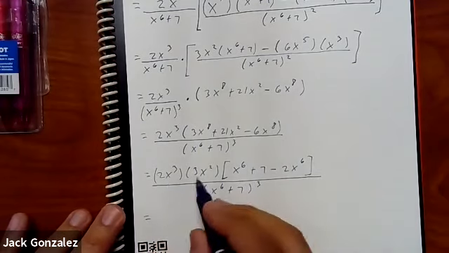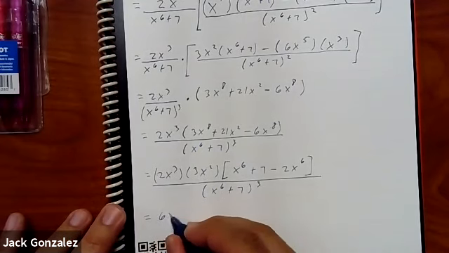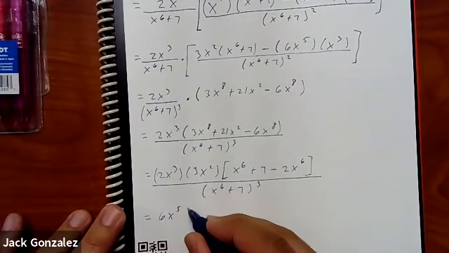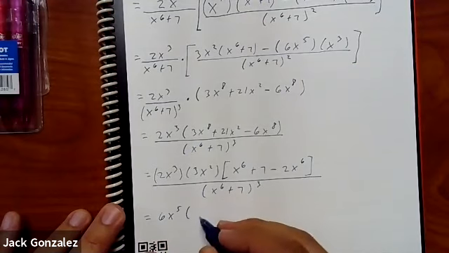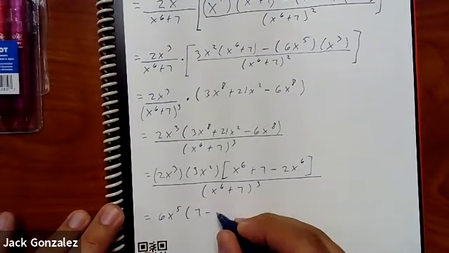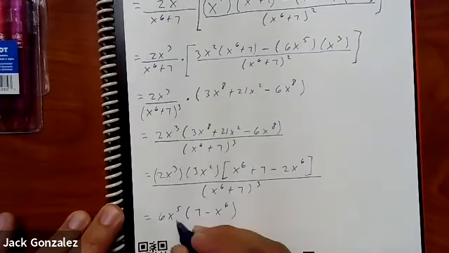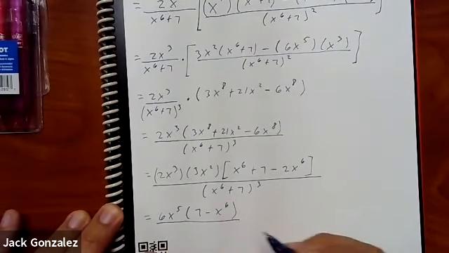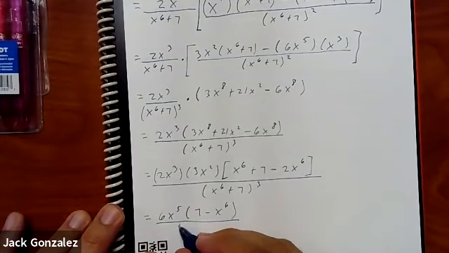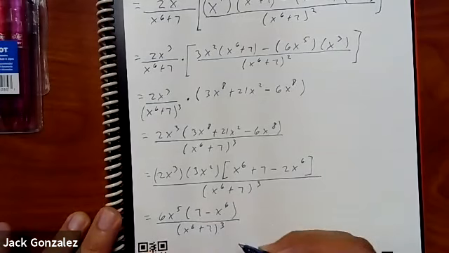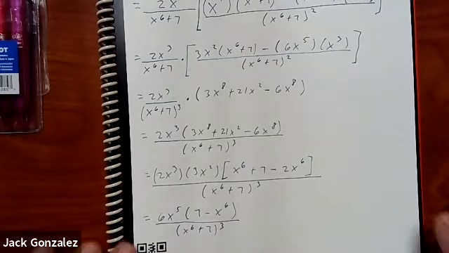So these two will become 6x to the 5th times 7 minus x to the 6 over x to the 6 plus 7 cubed. That's as pretty as it's going to get.